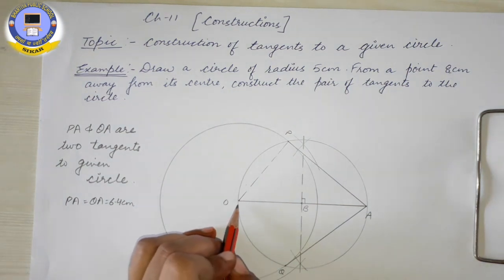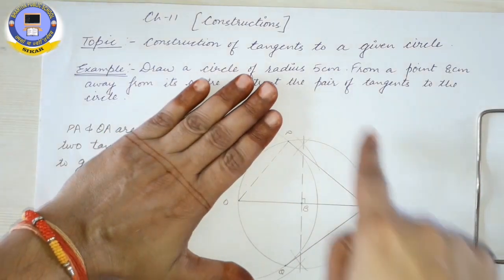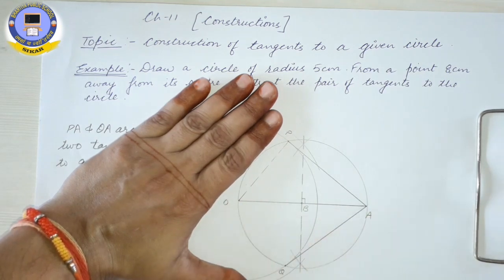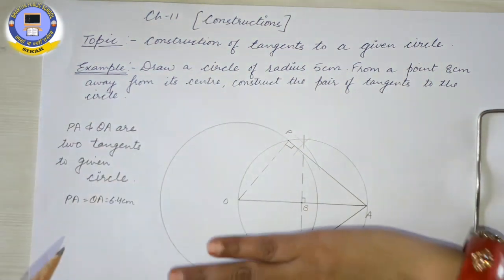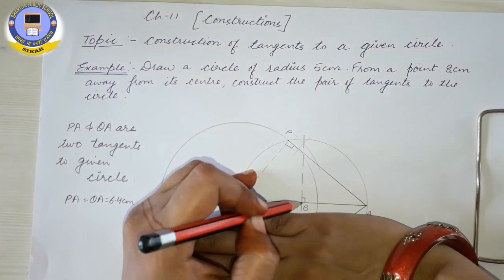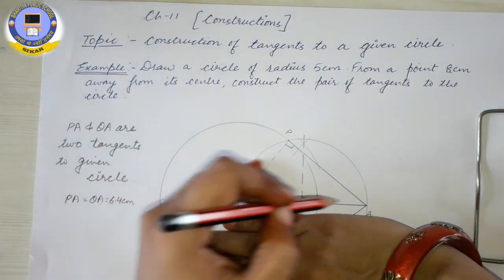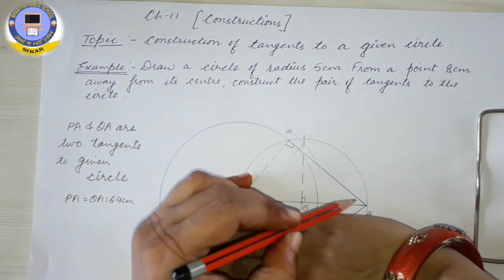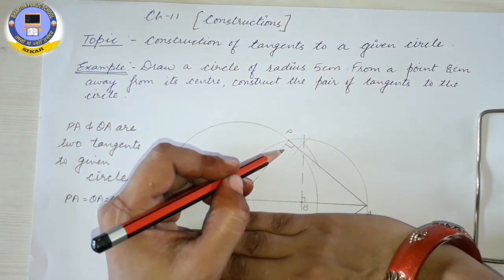Now see, if we will join OP, then see this triangle. See this circle, this new circle. AO is the diameter of this new circle. Now we have studied in 9th class that the angle in a semicircle is a right angle. Have you remembered this concept? What we did, we took B as center and BA as radius and drew a circle. That means OA is the diameter and the angle in a semicircle is a right angle. That means angle APO is equal to 90 degree.